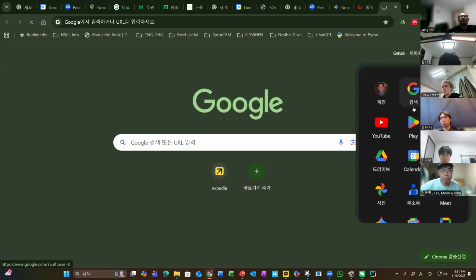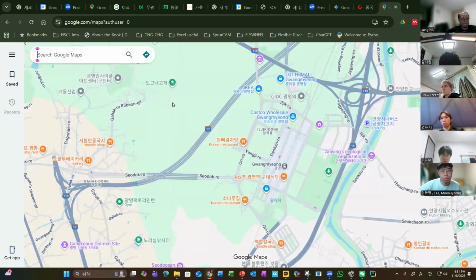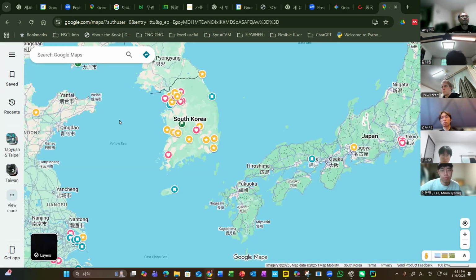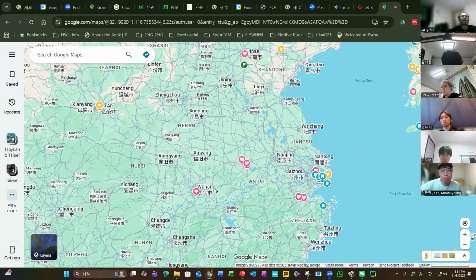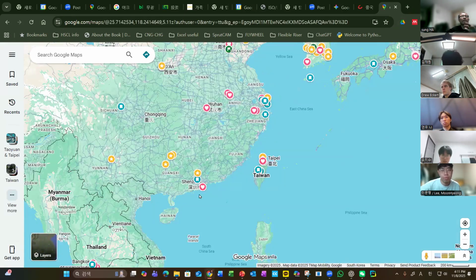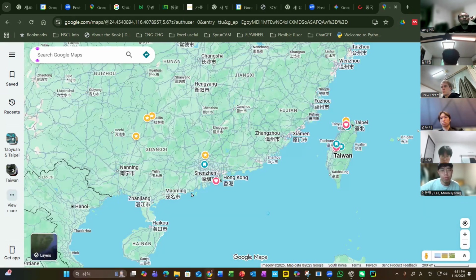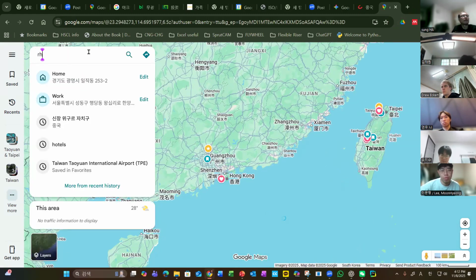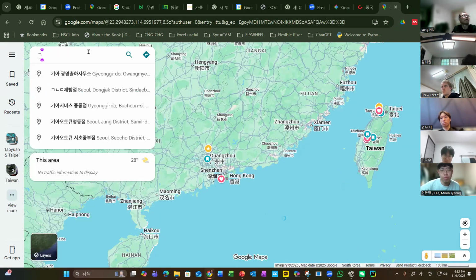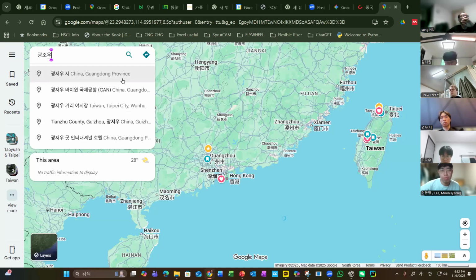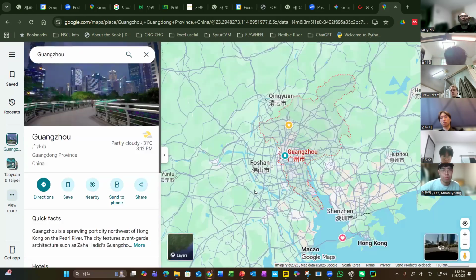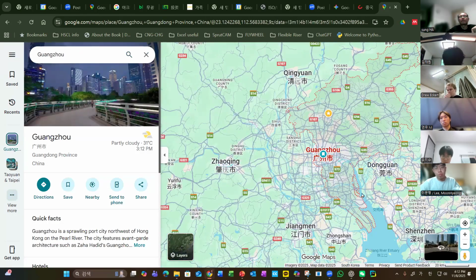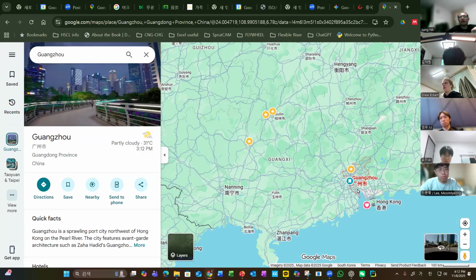Let's see, Guangzhou is here, actually close to Hong Kong.